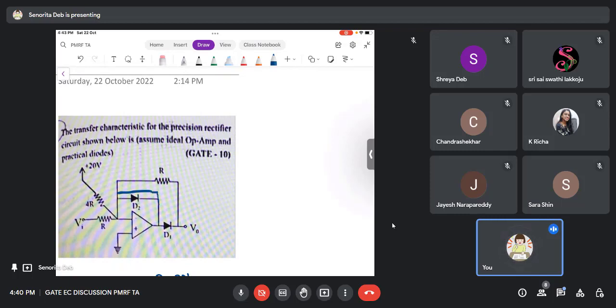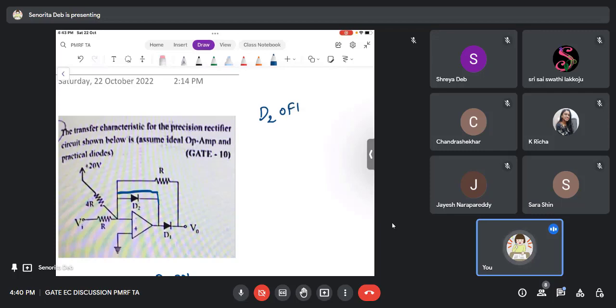Whether D2 and D1 can be on together, whether D1 and D2 can be off together, what will happen when D1 is off, what will happen when D2 is off. So I'm beginning the question with D2 off and D1 on.